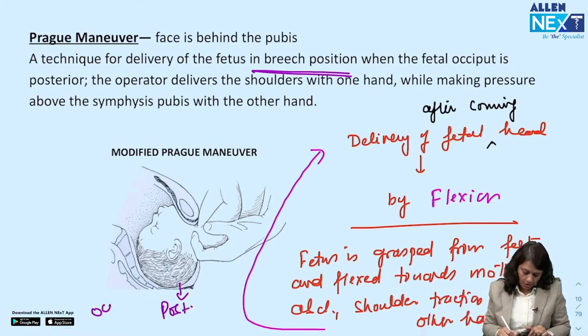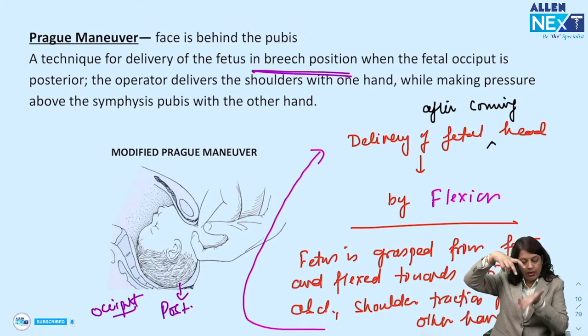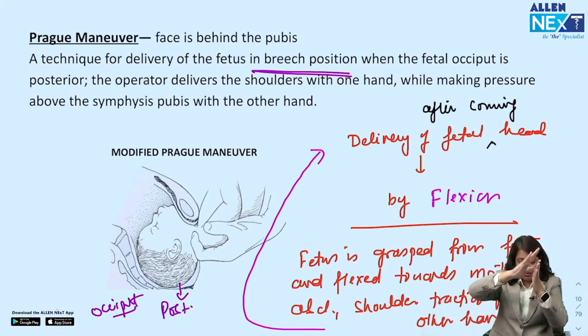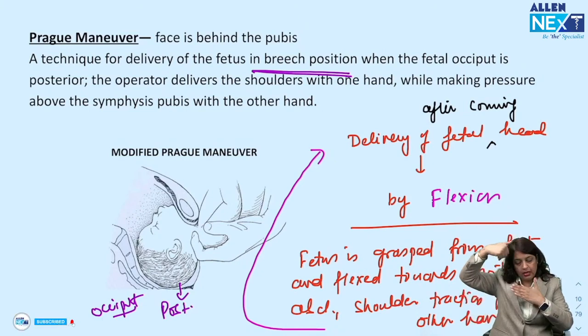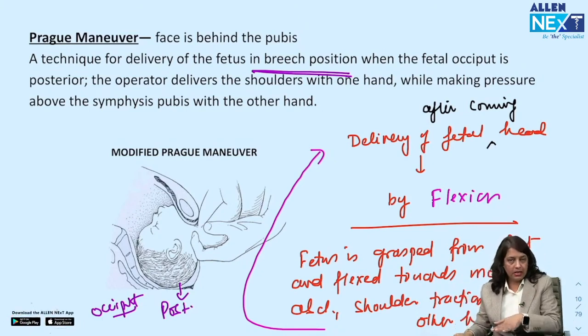The occiput of the baby is posterior. So what is done is, one hand you are holding the shoulders of the baby and you are moving the shoulder towards the maternal abdomen and then dislodging the neck of the baby. The head, remember, has to be born by flexion. So remember, Prague's maneuver is done for breech, for the after-coming head of breech.